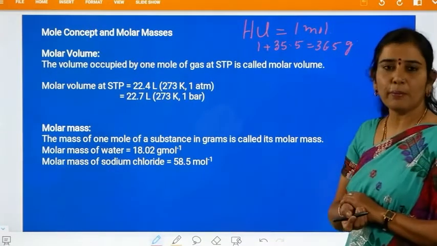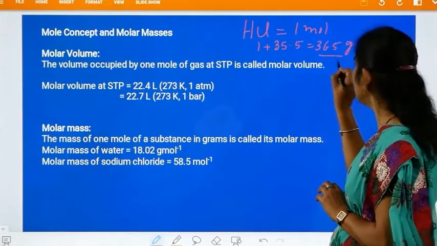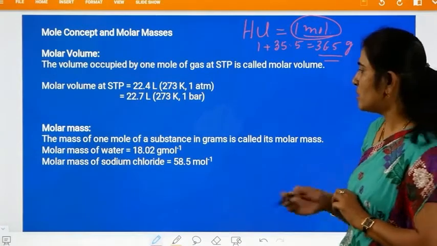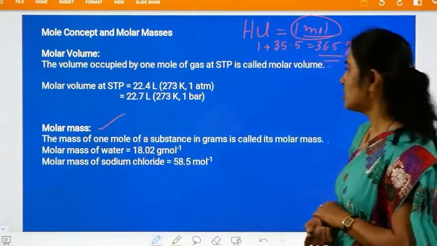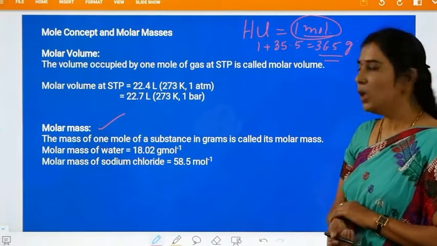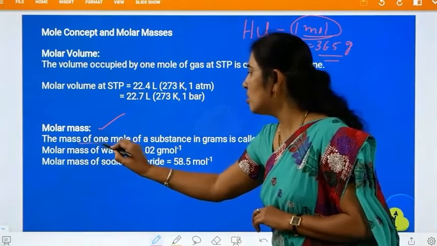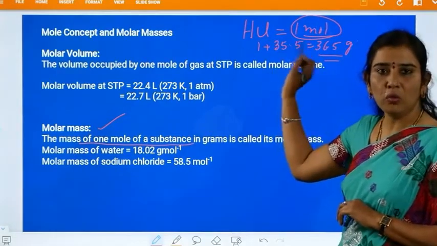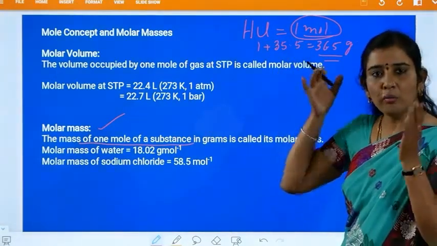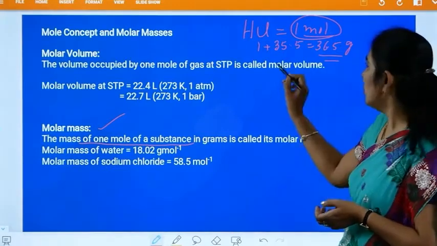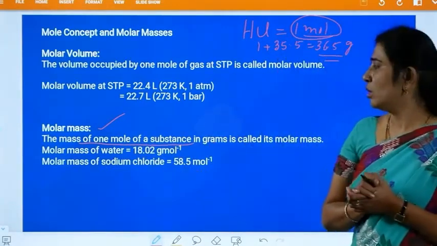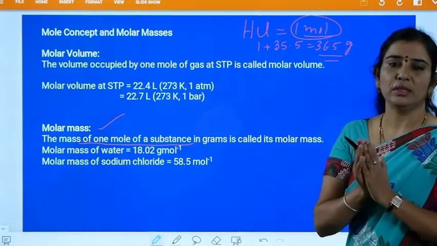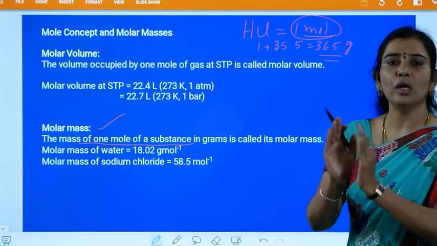So the amount of substance present in 1 mole, or the molecular mass of a substance, we call it molar mass. It means the mass of 1 mole of a substance. That's it, we call it molar mass.